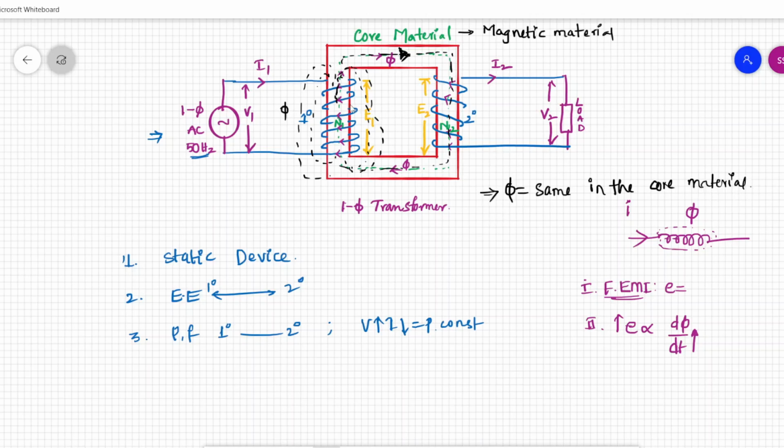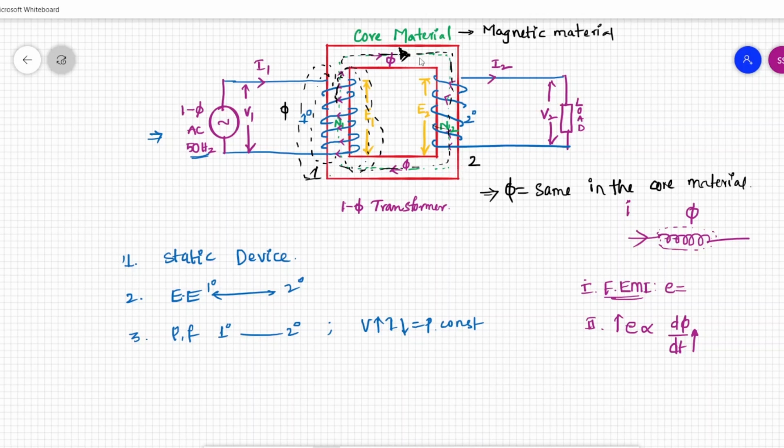This flux induced in the primary coil is flowing in the core material, which also has the secondary coil wound on it. Here you can see there is a secondary winding on the transformer's second leg. This is called the second leg and this is the first leg. On the first leg we have mounted the primary coil, and on the second leg we have mounted the secondary coil.